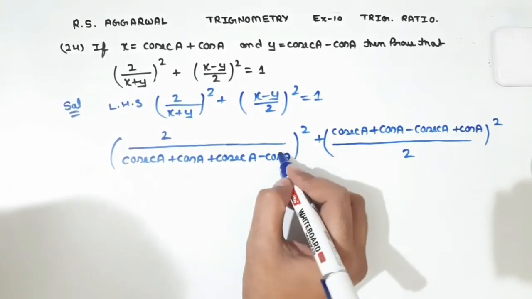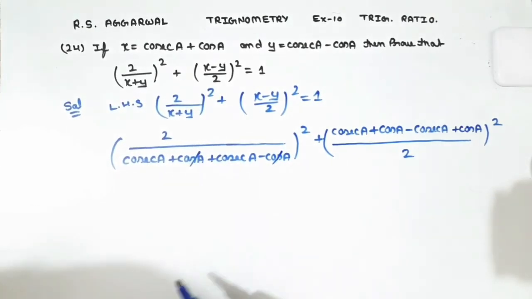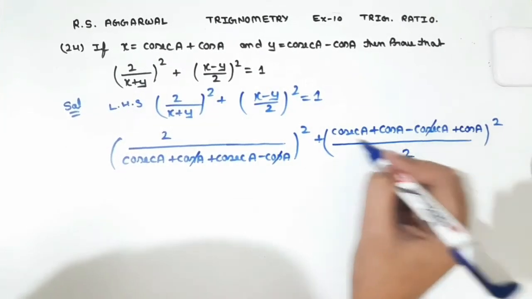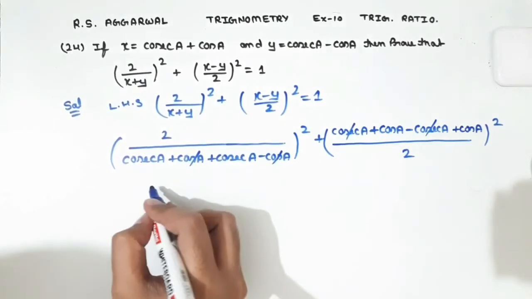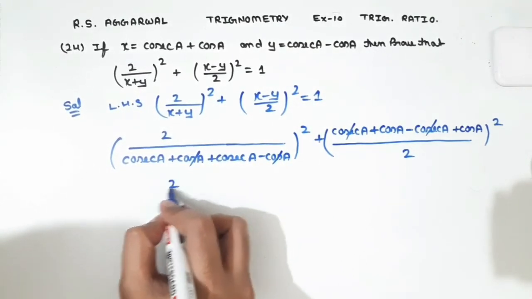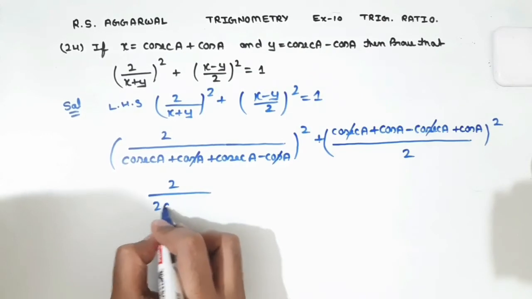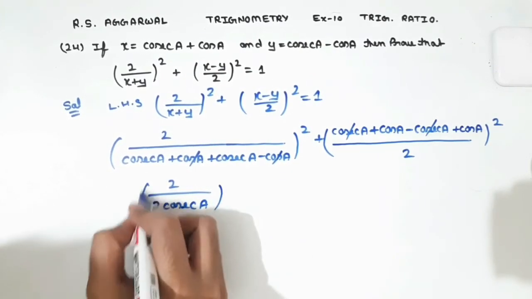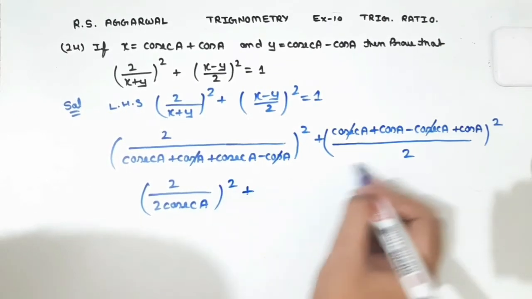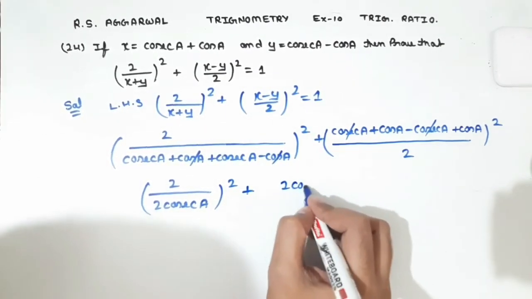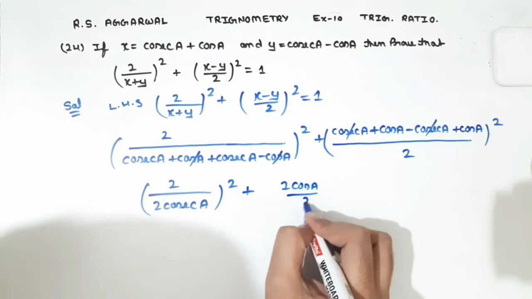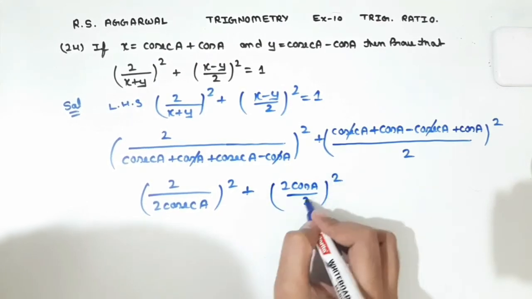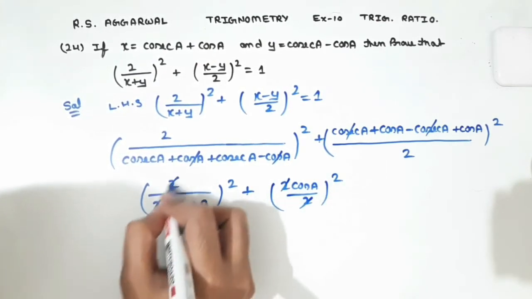So from here cos a will be cancelled out and here cosec a. So this will be 2 upon 2 cosec a whole square plus 2 cos a upon 2 whole square. 2 will be cancelled out.